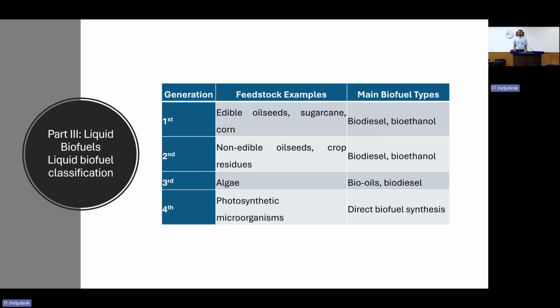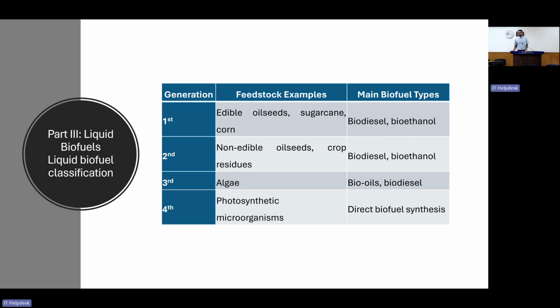Now coming to part 3 of module 2, which is on liquid biofuels. I have already mentioned that the hydrolysis and fermentation process is mostly applied for converting biomass into liquid biofuel through biochemical conversion. In this biofuel conversion, the feedstock is classified into first generation, second generation, third generation, and fourth generation.